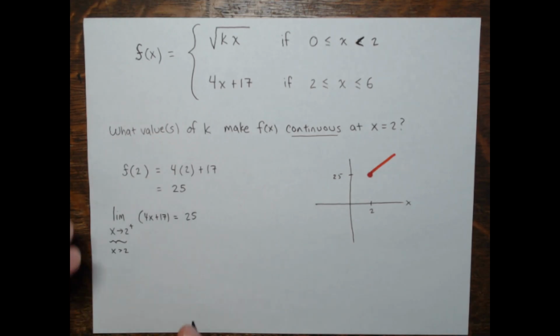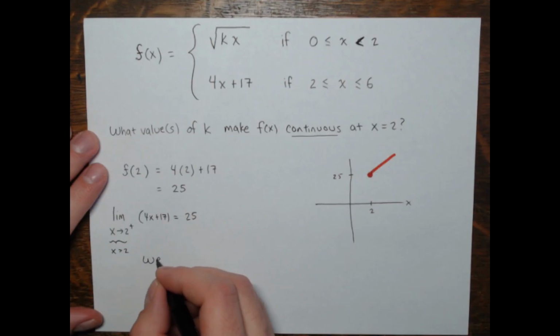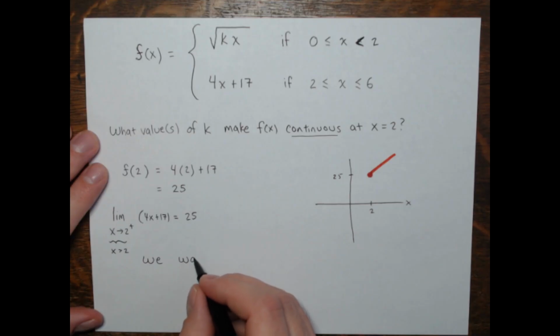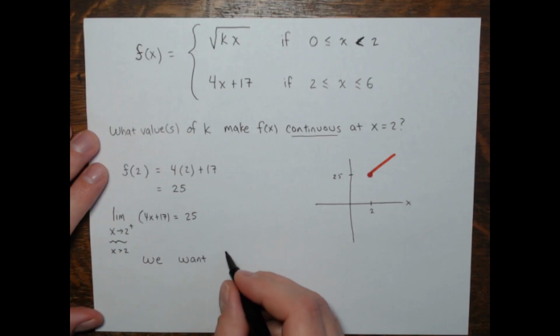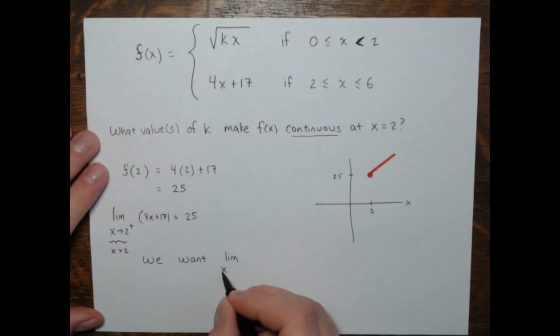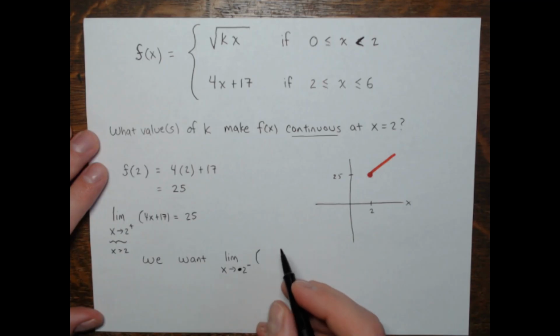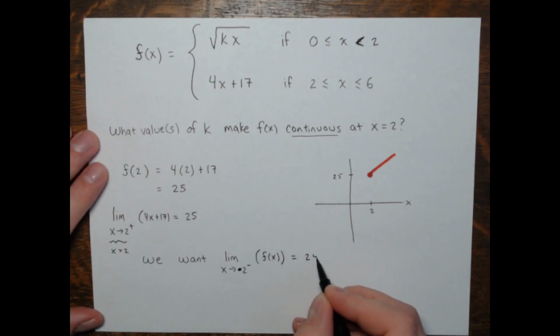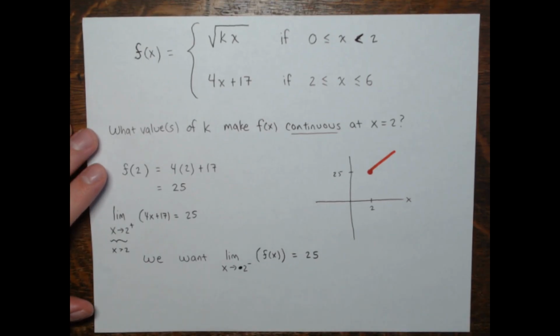So we want to make this continuous at this point. We want the left side limit as x approaches 2 from the left of this function to be equal to 25 as well. All right, that will connect everything.